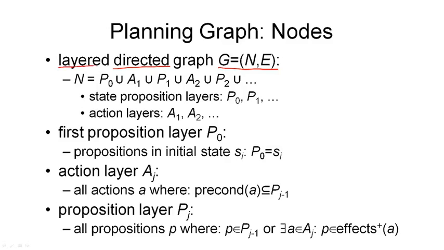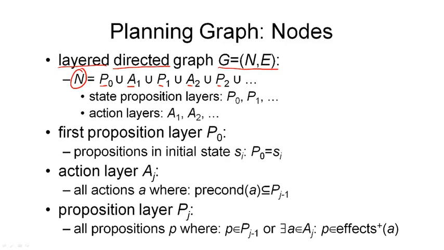And the graph is layered, which means the nodes in the graph can be divided into disjoint sets. And each of these sets is called a layer. So if we look at the nodes n contained in the graph, they consist of the layers P0, A1, P1, A2, and so on. These are our layers in the graph containing the nodes.